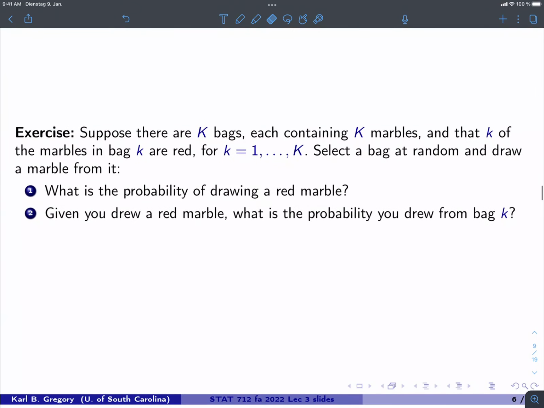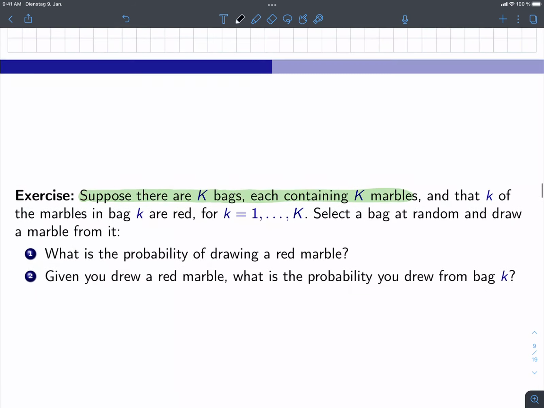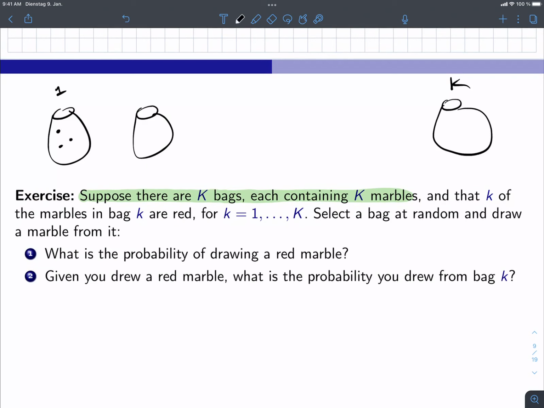Okay, let's do an example where we use Bayes' rule, but I guess not the baby version. So this could be some kind of game where there are K bags of marbles. So I don't know. Here's the first one, the second one, all the way up to K of them, and they have marbles in them.